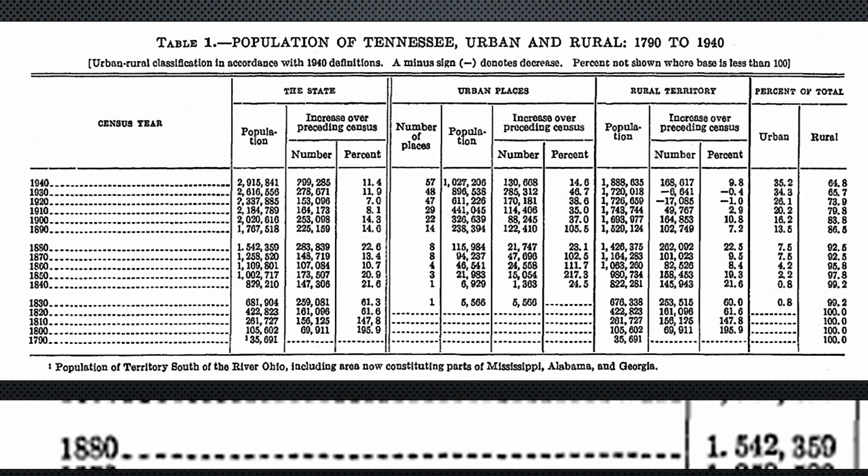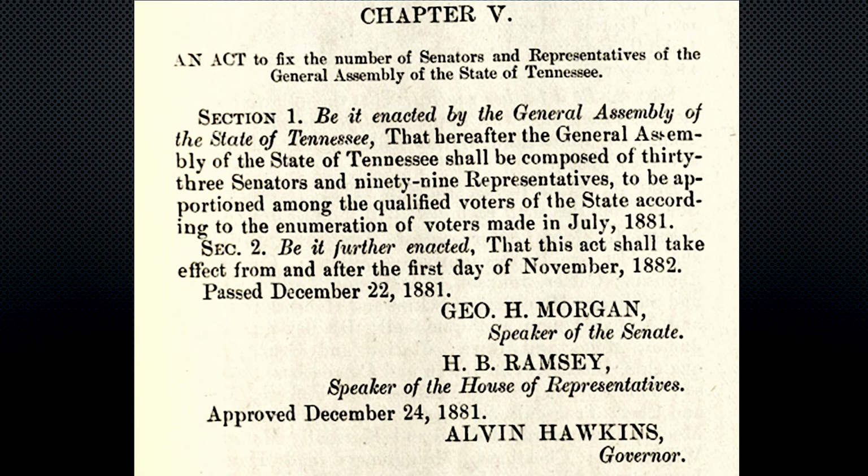The 1880 federal census had found a population in Tennessee of 1,542,000, over 1.5 million, enough to expand the membership of the General Assembly under the Constitution of 1870. 1881 Extraordinary Session Chapter 5 then set the number of members for the General Assembly at 99 representatives and 33 senators, beginning with the next General Assembly in 1883.